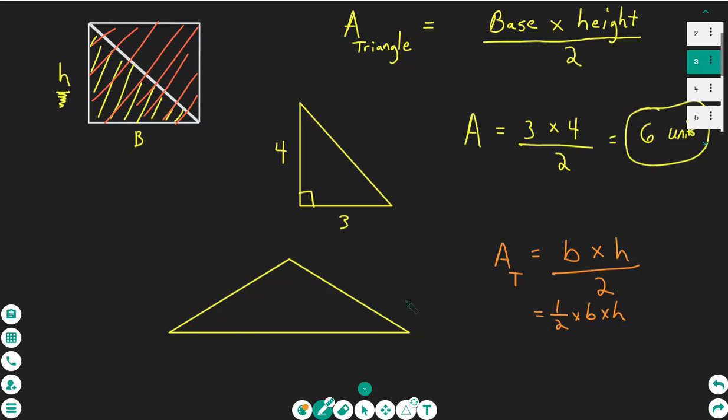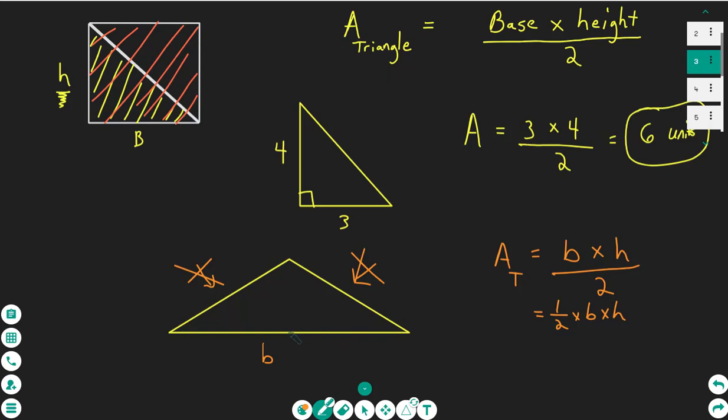All right? So what do I need? I need to know the base. And the base is going to be down here. This is going to be that bottom line. So that's pretty straightforward. The height, though, can be a little bit tricky because the height is not this side. It's not that side. And it's not this side. The height has to be how tall the triangle is. And that's always with respect to the base.